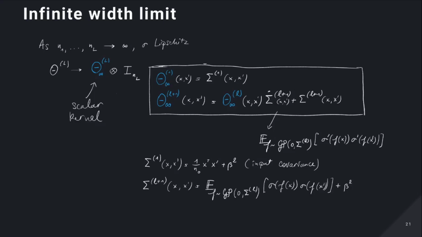Remember, this is about what happens when you take your layer width to infinity, and in that regime your network does not need to learn anything, because you're taking some random projection, or random dot product of vectors, so you just have an infinite vector of random features.